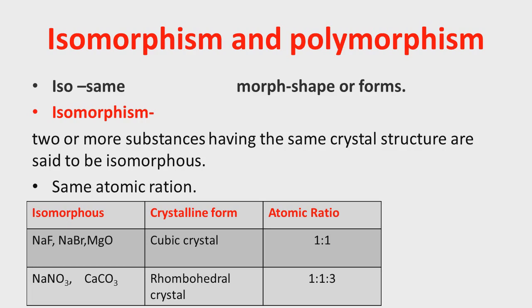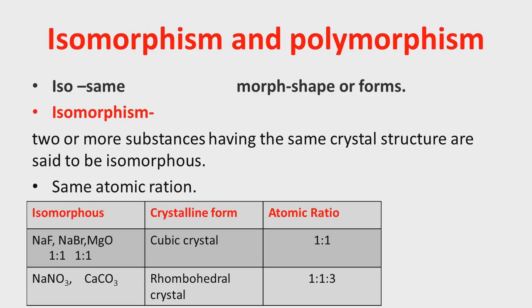Usually the atomic ratio of isomorphs is the same. Now see in the example, in front of NaF, NaBr and MgO, the atomic ratio is 1:1. It is because in NaF there is only one sodium atom and one fluorine atom, and therefore the atomic ratio is 1:1. In NaBr there is only one sodium atom, one bromine atom, and therefore the atomic ratio is 1:1.